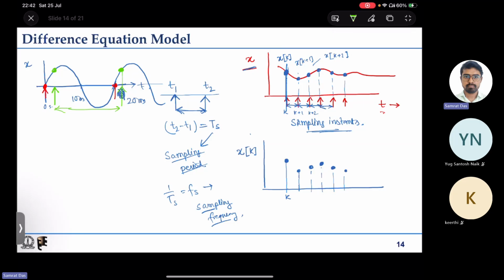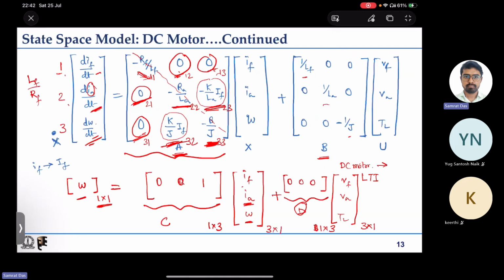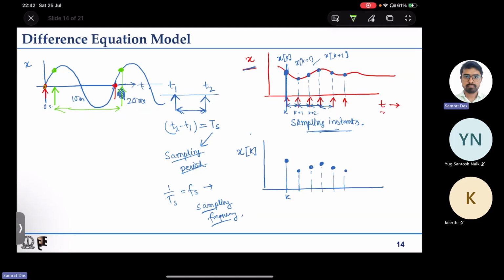So if we sample the sinusoid of 50 hertz with 50 hertz sampling frequency, then you see that our representation in the discrete domain is not correct, because the actual signal is a sinusoid, but our discretized signal is a constant quantity. For the red one it is constant at 0, for the green one it is constant at some value, this value, and so on and so forth. It depends on the sampling instant. Now say we sample at twice the frequency.